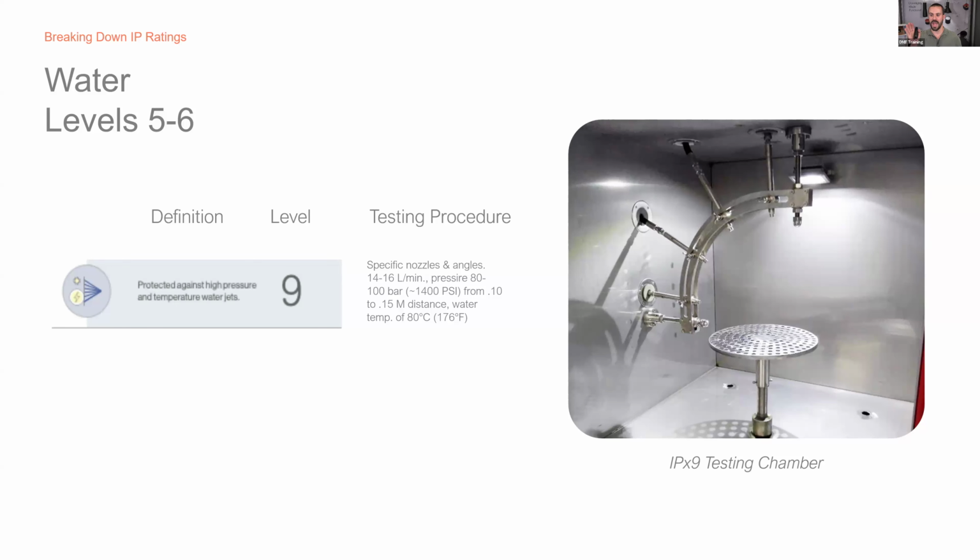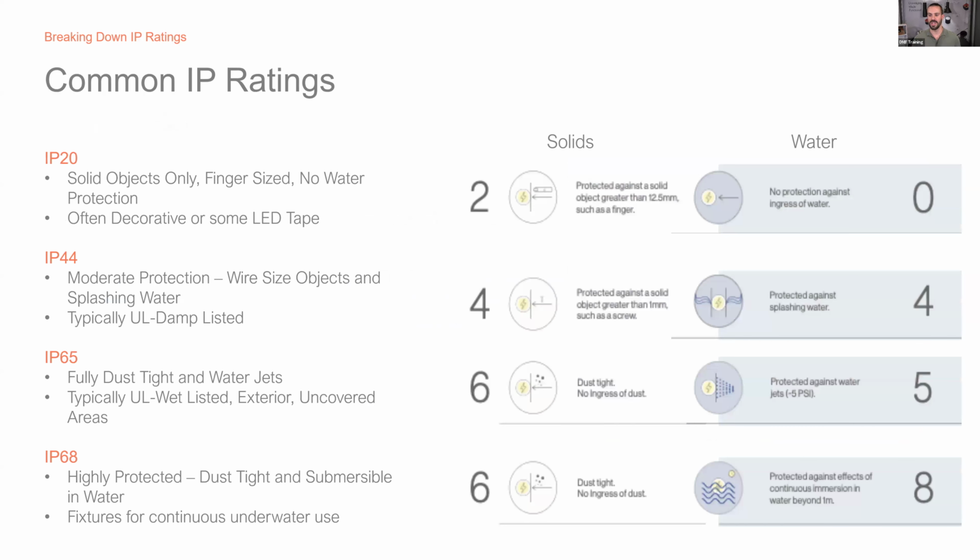But these nozzles are angled at certain angles. They're using about 1400 psi, so it's a lot of pressure, and the water is 80 degrees Celsius, so 176 Fahrenheit. We're getting pretty close to boiling at this point. So really extreme conditions. This is the highest level of protection against water. So quite stringent in that case.